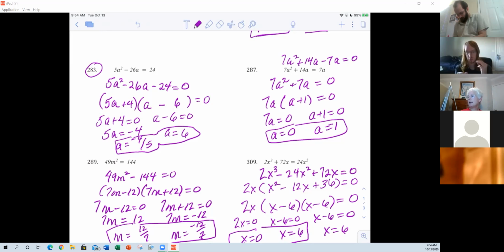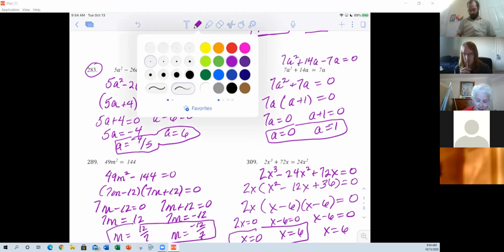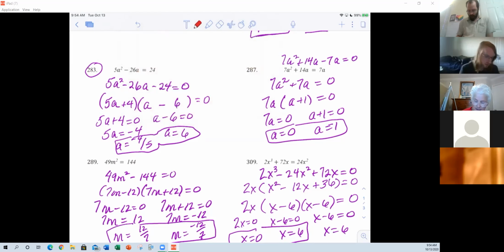So once you factored, 7a times (a + 1) equals 0. Anything that has an a in it has to be set equal to 0, and the only thing that you could multiply 7 by that would give you 0 would be 0. So a would be 0 or a would be -1.